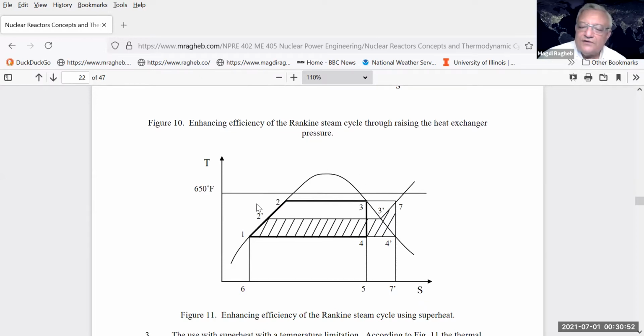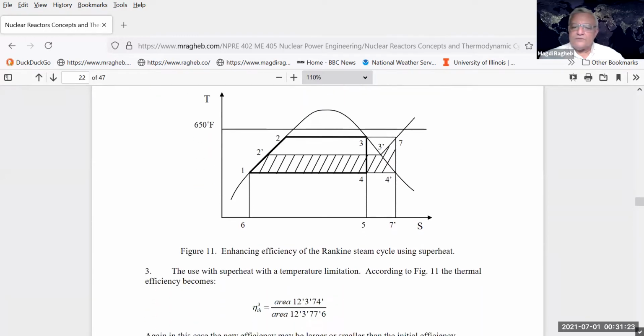The real increase in the efficiency can come in if you, without having to go to very high temperatures like here, operate at low temperature, adding the heat at low temperature, but then once we reach the saturation line, we follow a constant pressure line or a constant temperature line, an isotherm, and superheat the system. So in that case, this is a hope for you to get a higher efficiency in your cycle than just operating at a given temperature, by superheating.